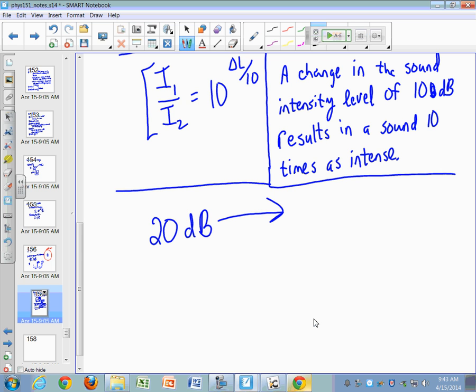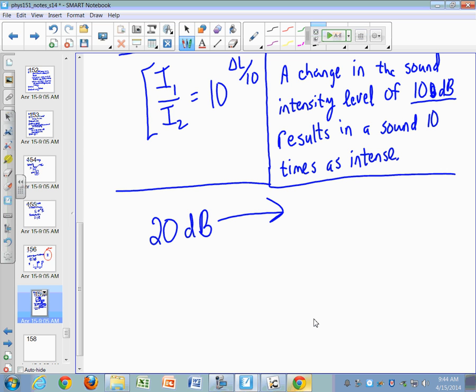Would it be 20 watts per square meter difference, or 20 times as great in intensity? No. If I have a change in intensity level of 10 decibels, that means that the sound is going to be 10 times as intense.